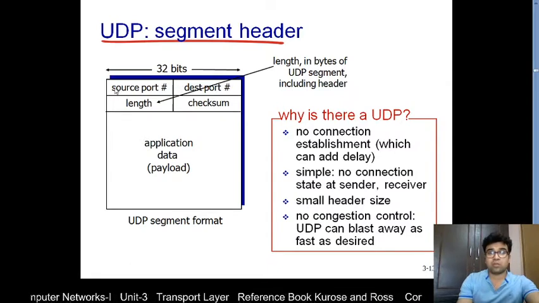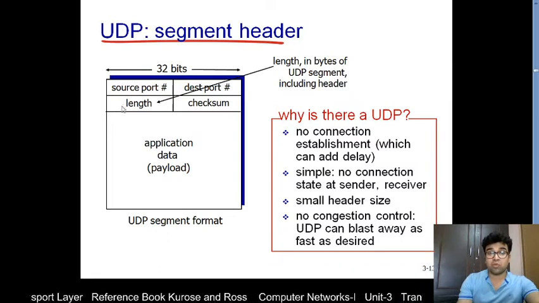First of all, we'll start with the source port number. As we already discussed, port numbers, which are 16-bit numbers, are used for identifying the particular process running inside the machine. In this case, the client-side machine generates a DNS query, and that DNS query is combined with the UDP header.